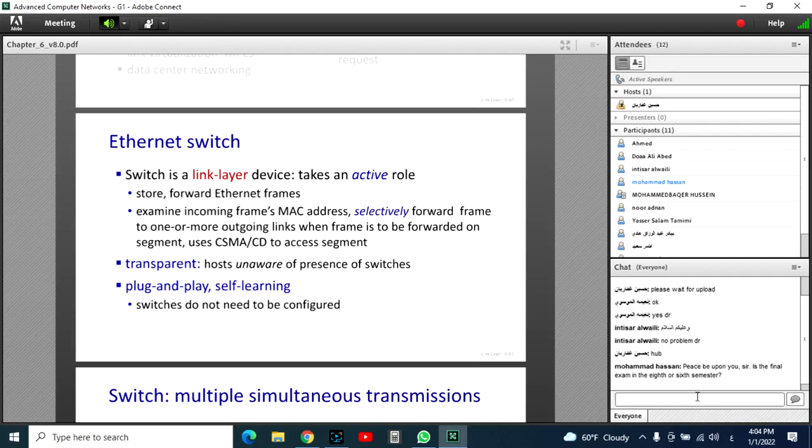For example, it will reduce the TTL by 1. It will recheck the checksum and do things like that. Maybe it changes some other information. Maybe we can, for example, make segmentation over a received packet. So a router can change the content of a packet, but a switch cannot.